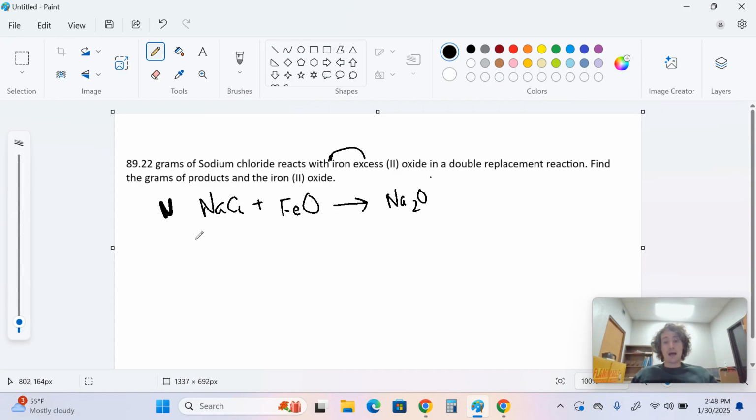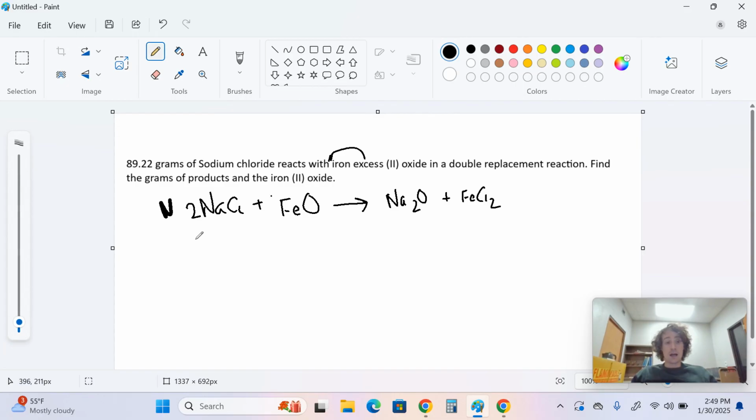And then we're going to make iron 2 chloride to be exact, FeCl2. Then I can balance this. We just needed 2 here: 2 sodiums, 2 sodiums, 2 chlorines, 2 chlorines, 1 iron, 1 iron, 1 oxygen, 1 oxygen.